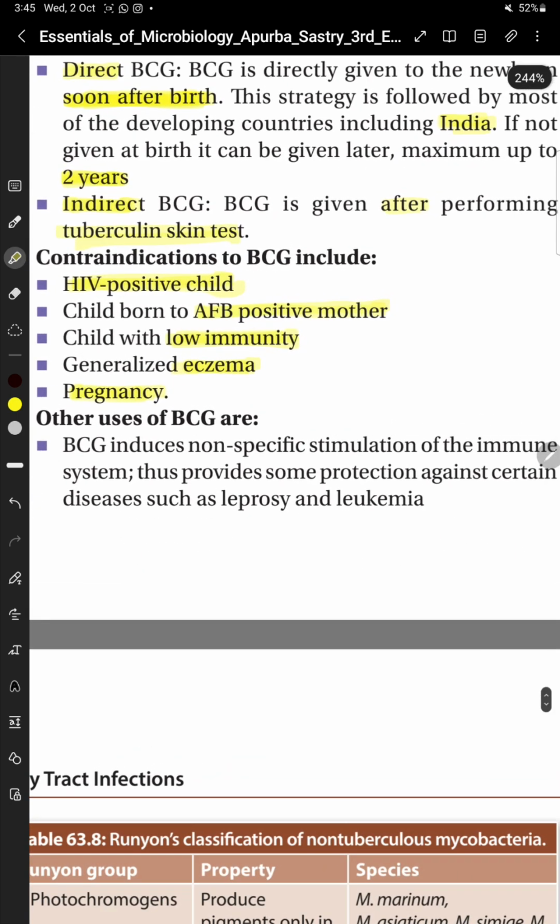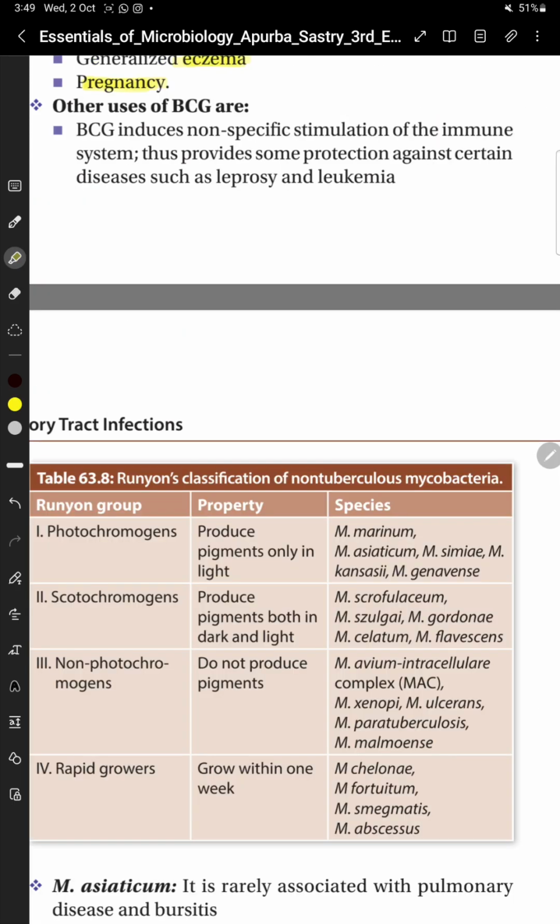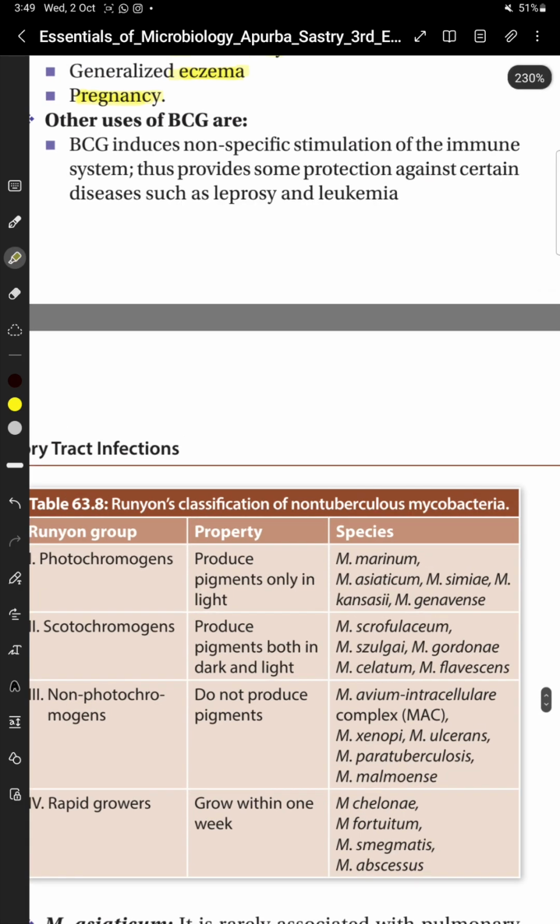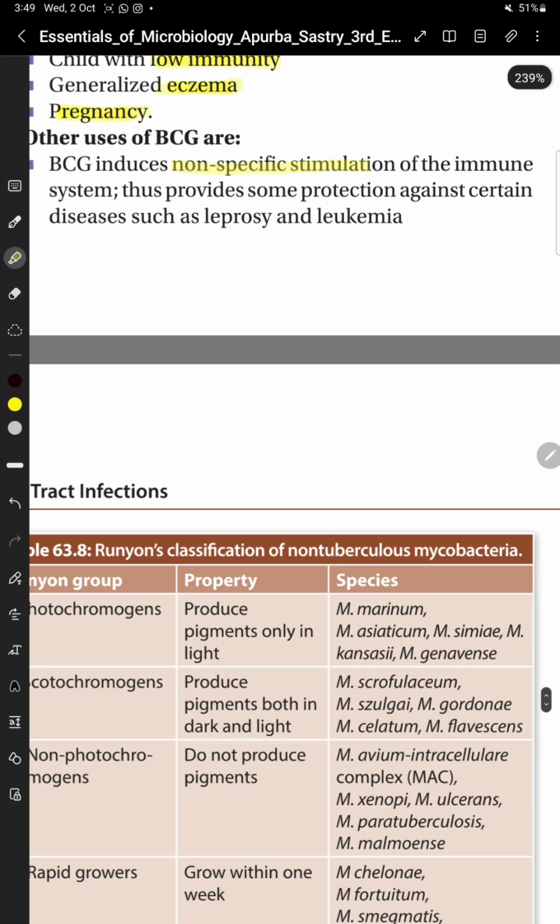Other uses of BCG vaccine include non-specific stimulation of the immune system, and thus it provides some protection against certain diseases such as leprosy and leukemia.